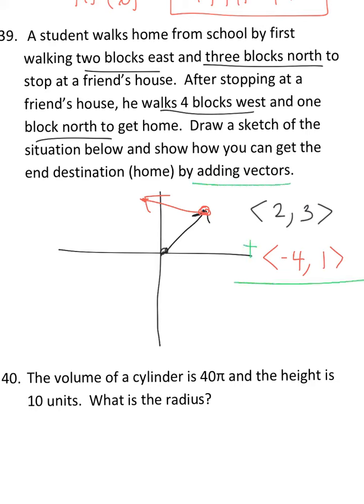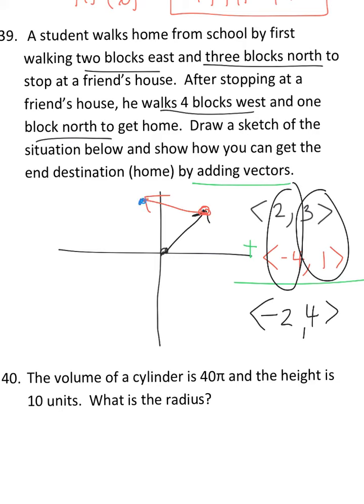So if you add 2 vectors, you add 2 and -4 is -2, 3 and 1 is 4. So the resultant is going to be a vector at -2, 4, and that's the spot right here. So you want to draw the 2 initial vectors, and then you want to draw the resultant vector, and they should connect.